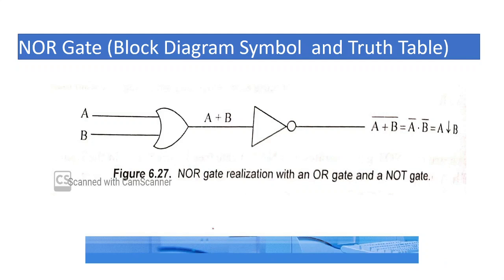Here we have firstly an OR gate, and then it is combined with a NOT gate. When inputs are applied to this OR gate, the output is A plus B. When this output of the OR gate is applied as the input of the NOT gate, the output is A plus B whole bar, and this is a NOR gate.